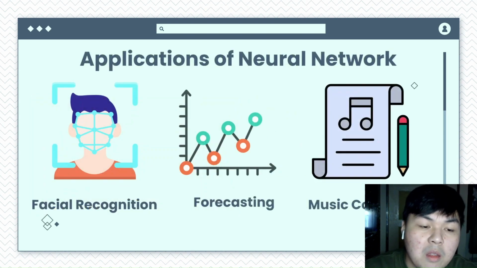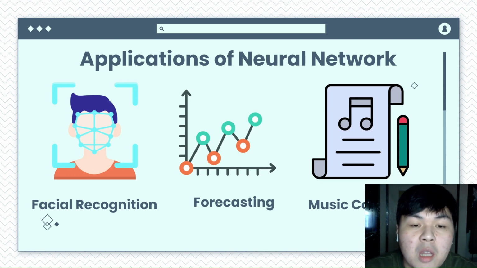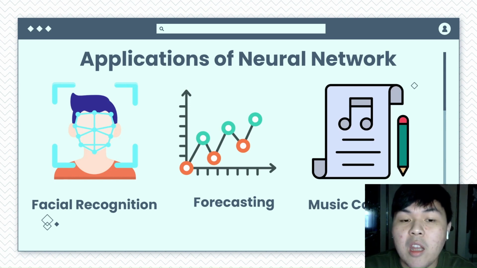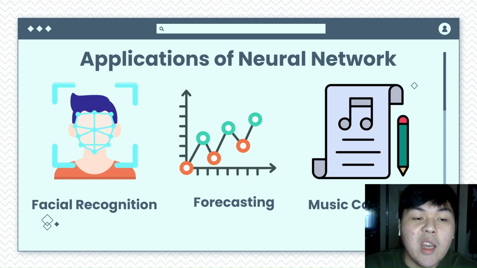These are some applications of neural networks. For facial recognition, cameras on smartphones these days can estimate the age of a person based on their features. Firstly, it differentiates your face from the background and then correlates the lines and spots on your face to a possible age.